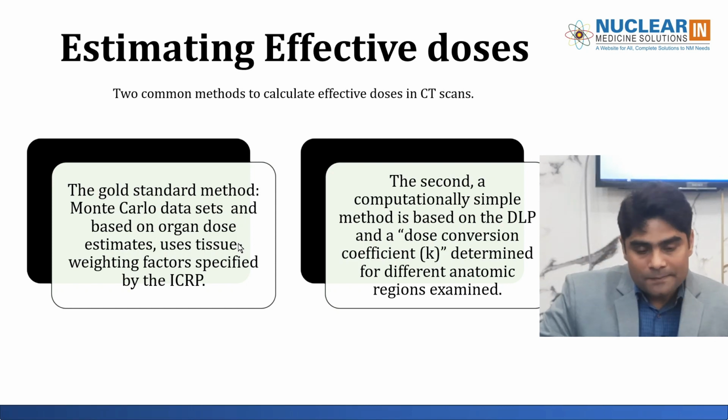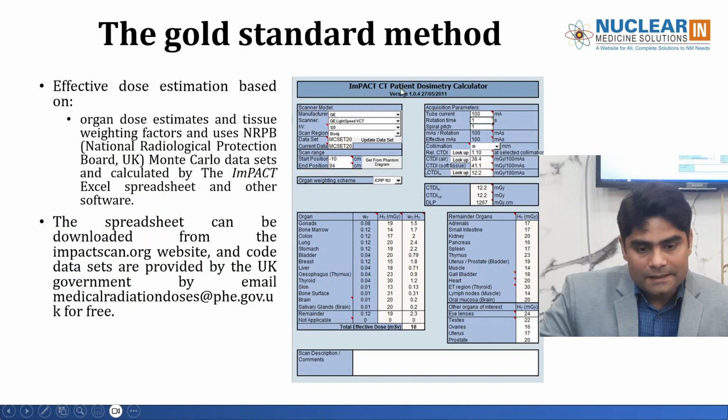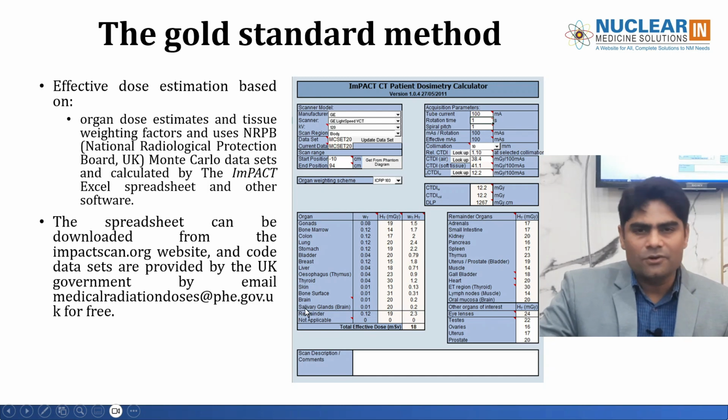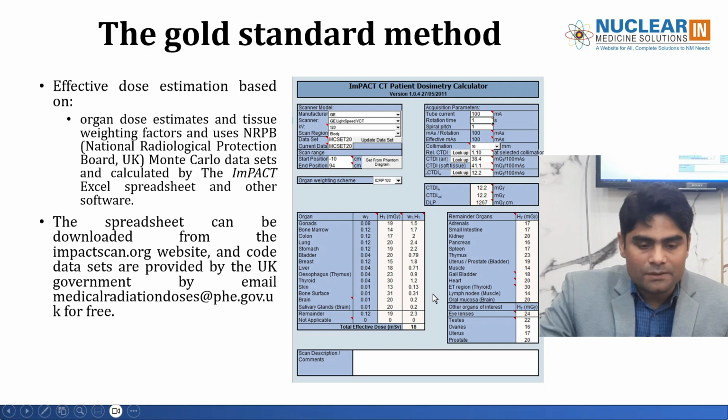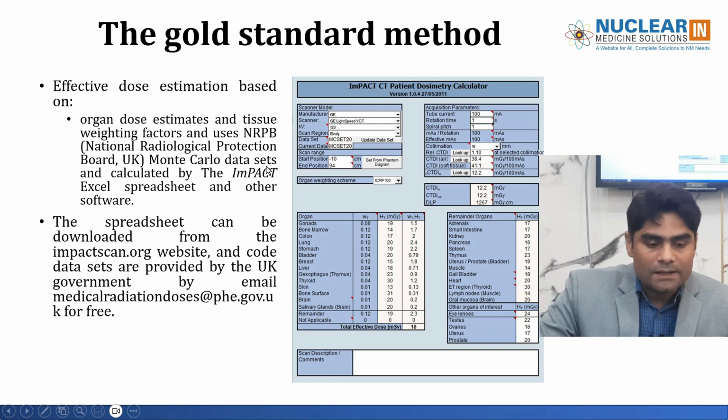In the gold standard method, there are softwares available, but this sheet can be obtained freely online, and organ dose estimates can be done. It uses the NRPB, that is, National Radiological Protection Board UK Monte Carlo data set, calculated by the ImPACT Excel worksheet.